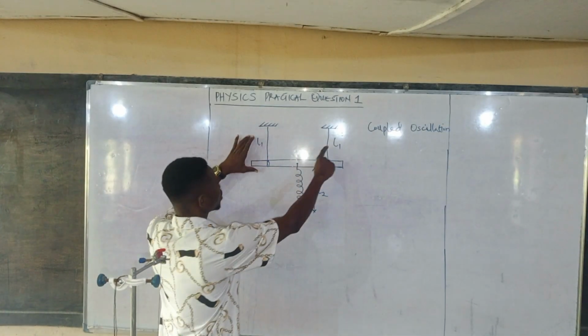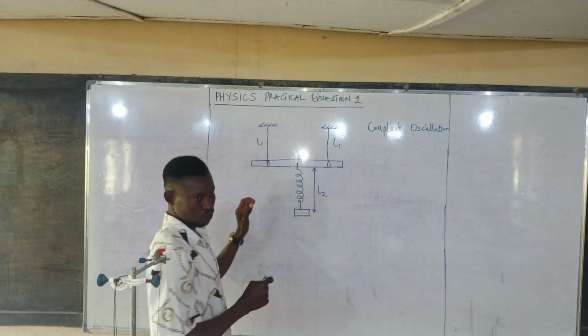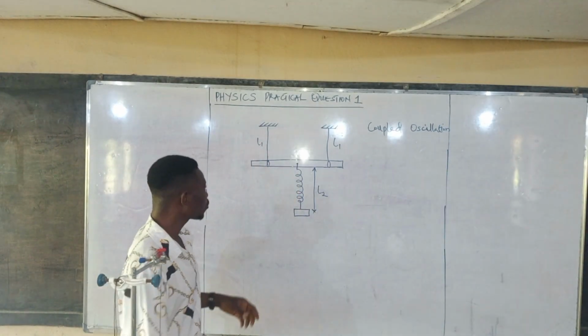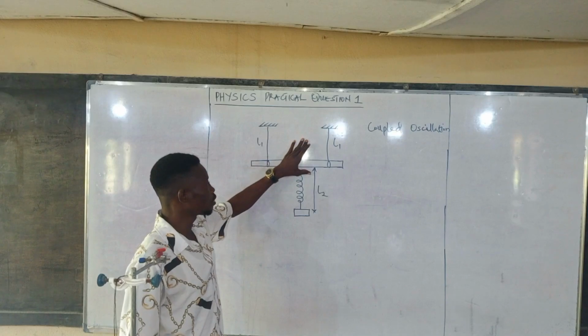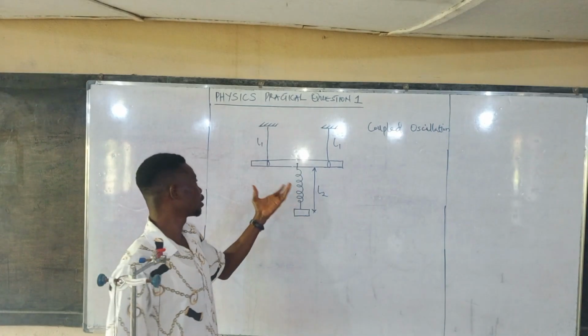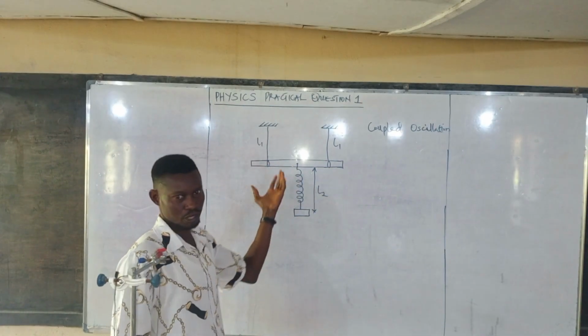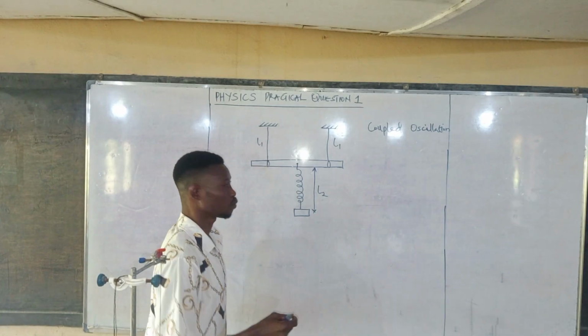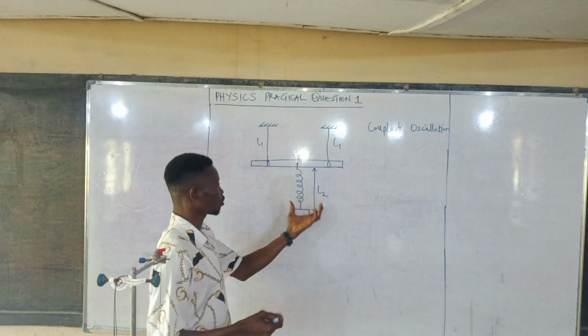Instead, this is an oscillating bifilar pendulum, and this is also a loaded spring. And what they are looking at now is for you to determine the torsional effect. When we say torsional effect, we mean the twisting effect of a given material, like a wire or a string.